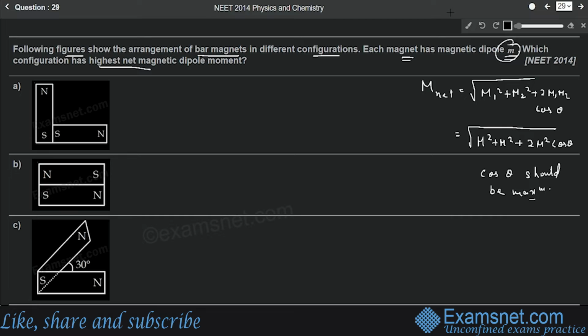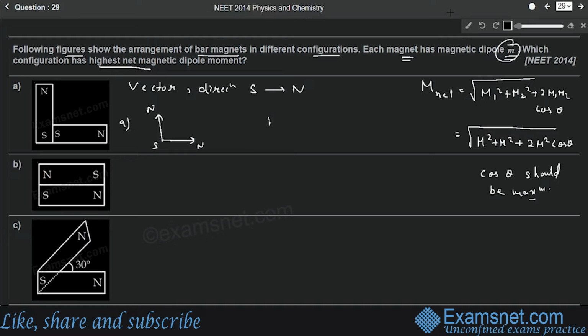Now we know that the magnetic moment is a vector quantity with the direction south to north. Okay, so if we draw the graph for these configurations, the first one will be like this. Okay, this is south, so south to north, right?